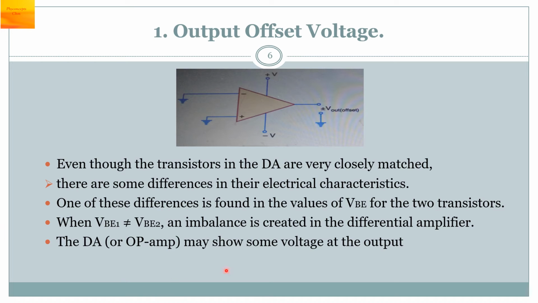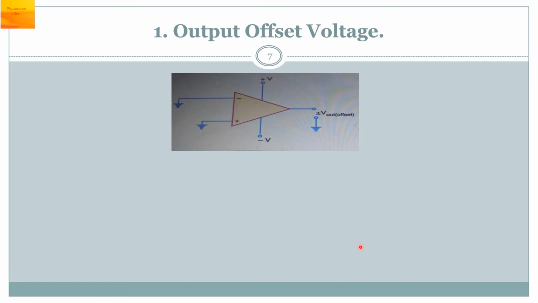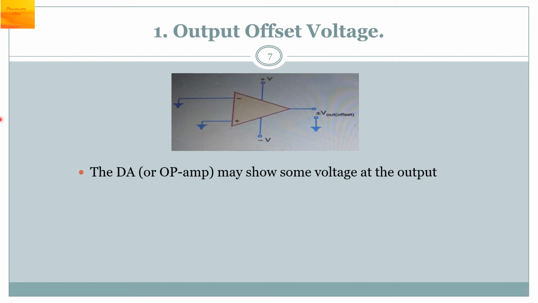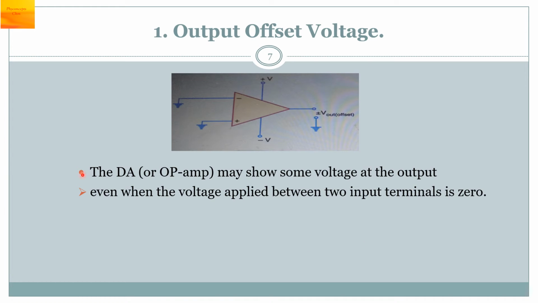The differential amplifier may show some voltage at the output even when the voltage applied between the two input terminals is 0. So that is shown in this figure.